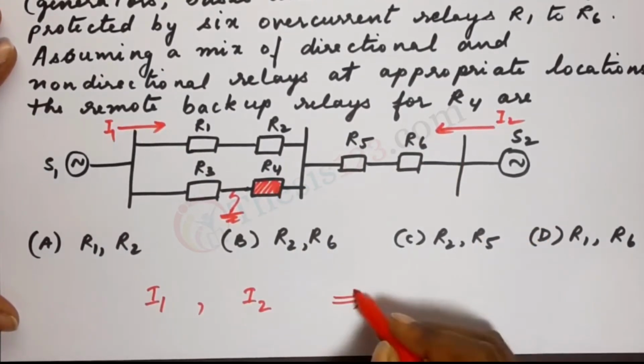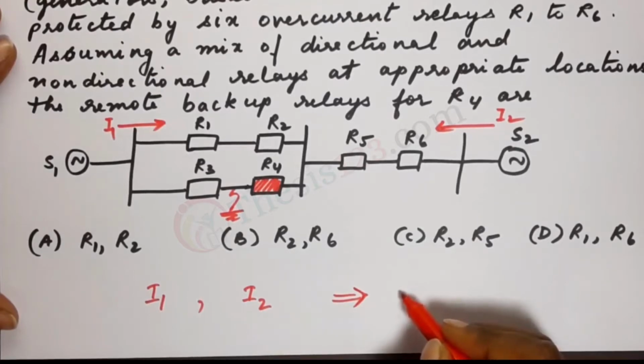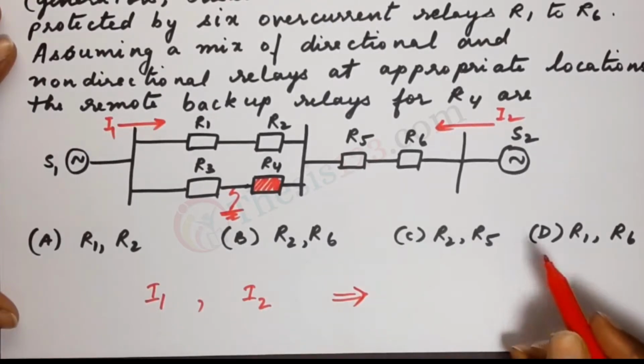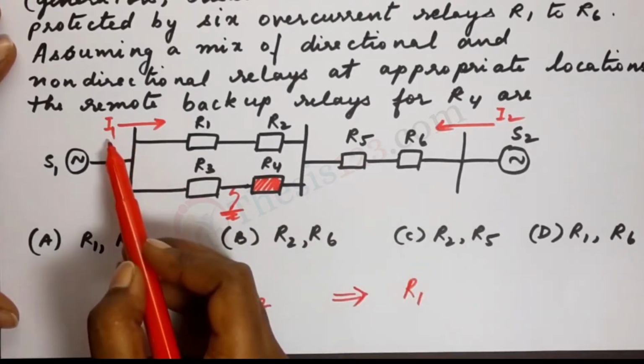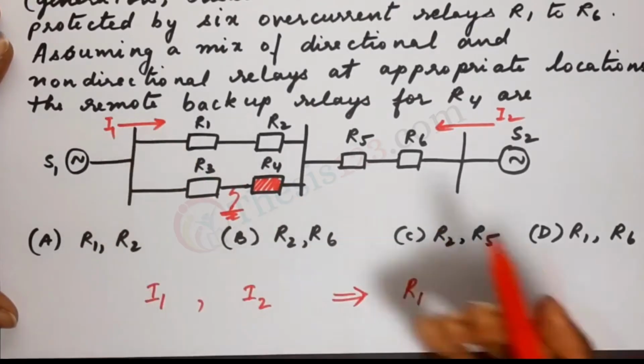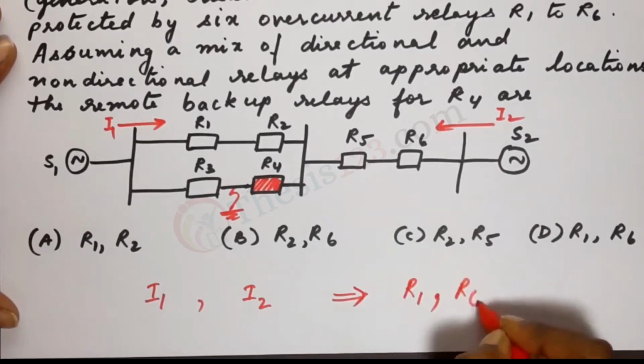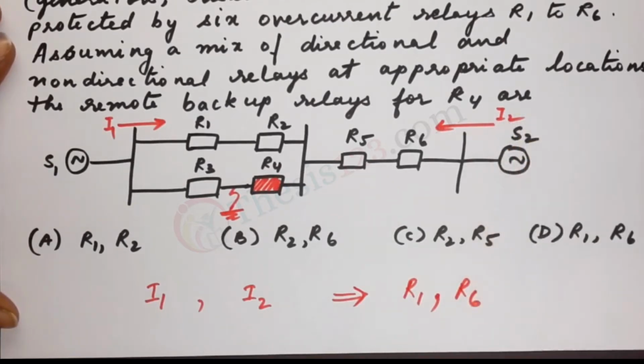So in this question, the remote backup relays for R4 are R1, limiting current I1, and R6, limiting current I2. So that's R1 and R6, option D.